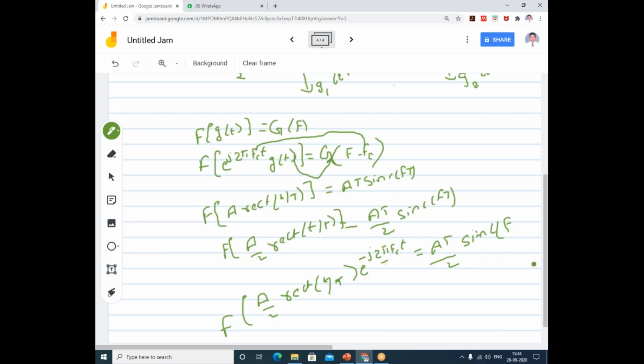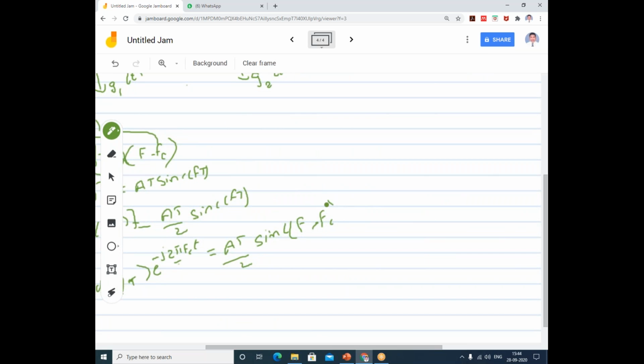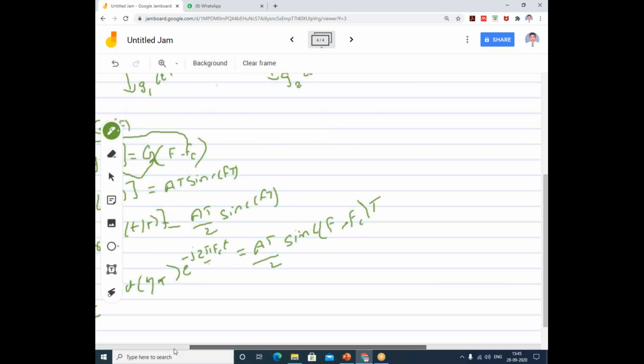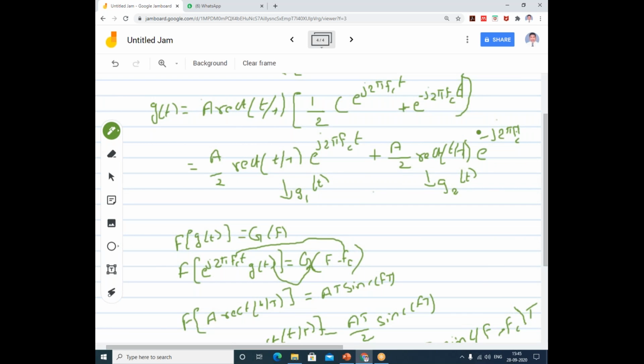So from the frequency shifting property, I can write sinc of f minus fc into T. This is the Fourier transform of the first term.